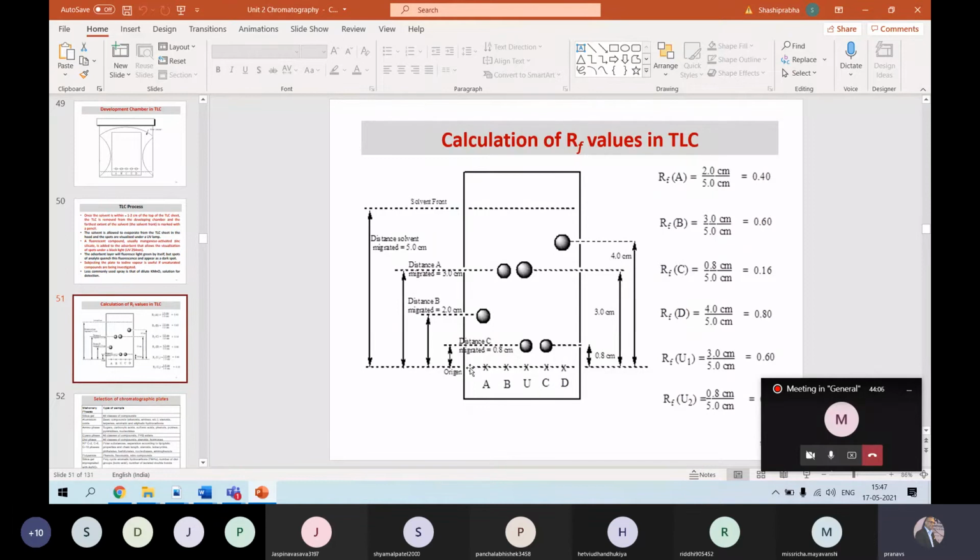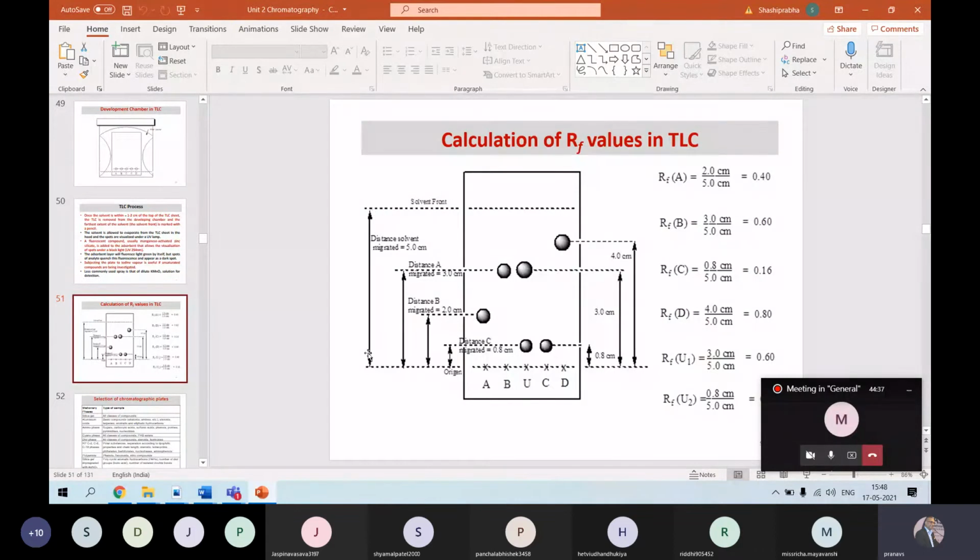For example, this is the C spot. So this is the distance which it has traveled, measured from the center of this spot. So this is 0.8 centimeters. And if you want to find out the RF value, you need to find out also the distance which the solvent has traveled. And the distance which a solvent has traveled is this.